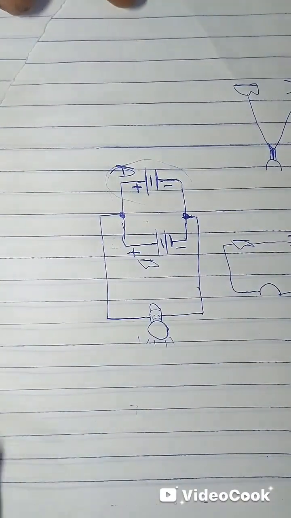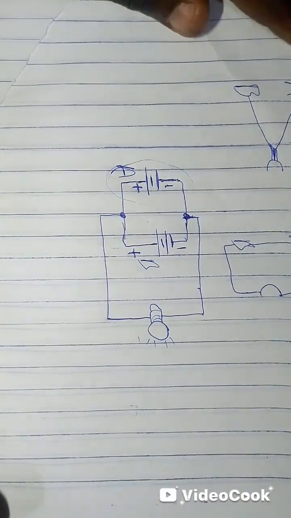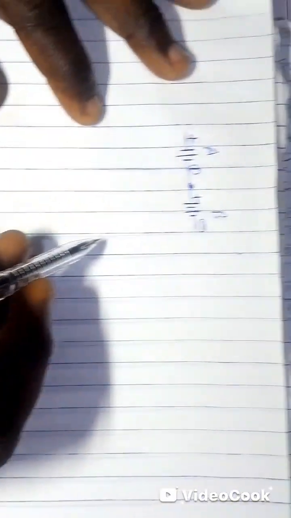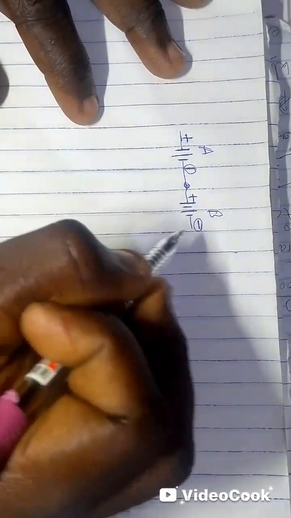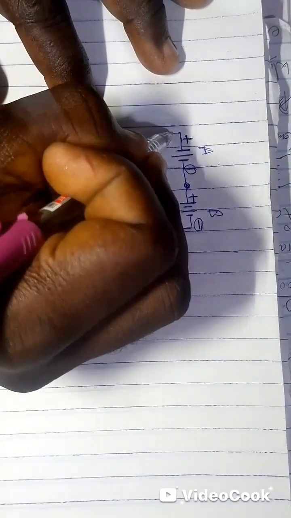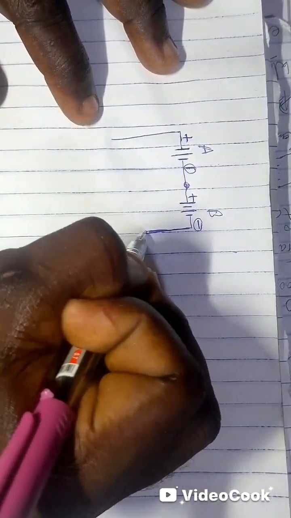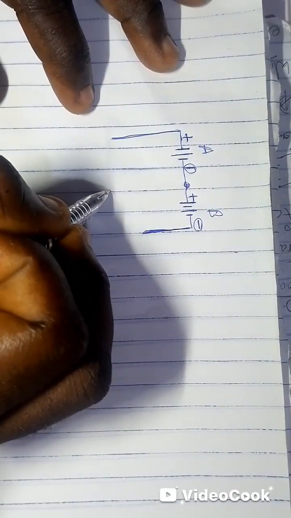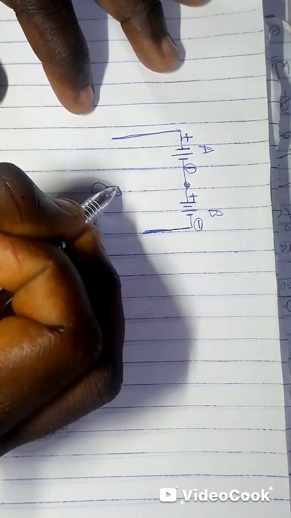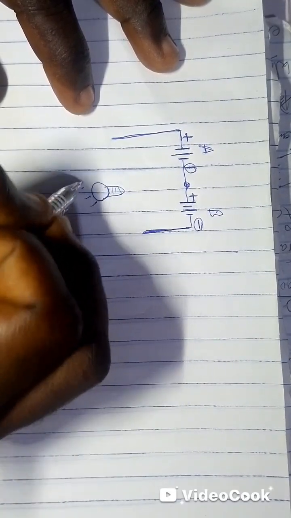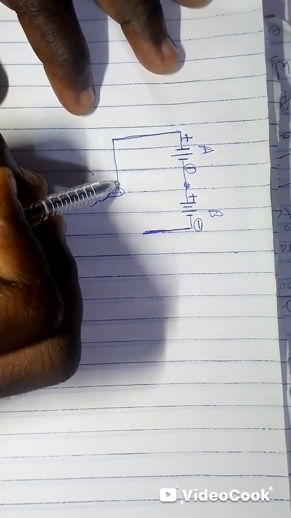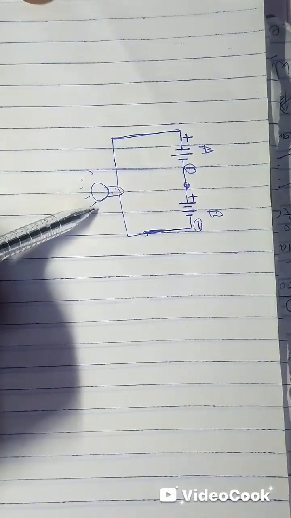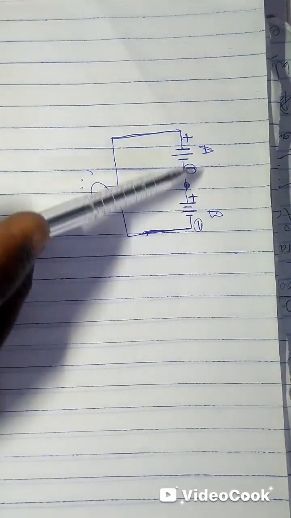Now, let's say these batteries are connected in series. This is battery A and battery B. Let's say we are using these two batteries to run a load, which is a light bulb. You will see that each battery has contact to the load through the other.